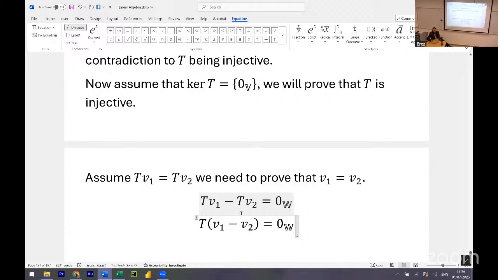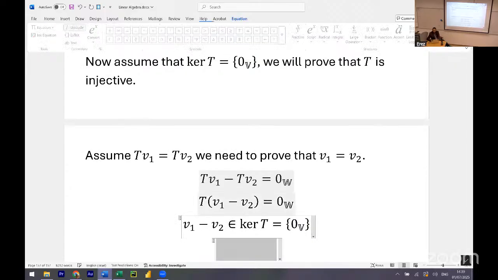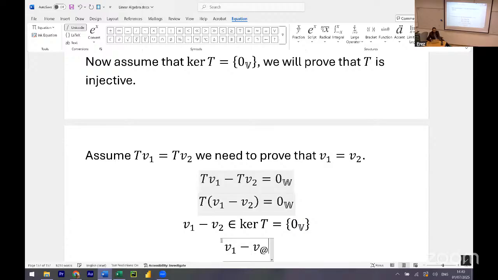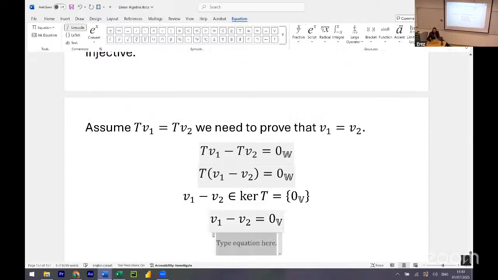So v1 minus v2, where does it lie? It lies within the kernel, which is only 0 by our assumption. Therefore, v1 minus v2 is equal to 0. It's the only vector in the kernel. That's why v1 equals v2.